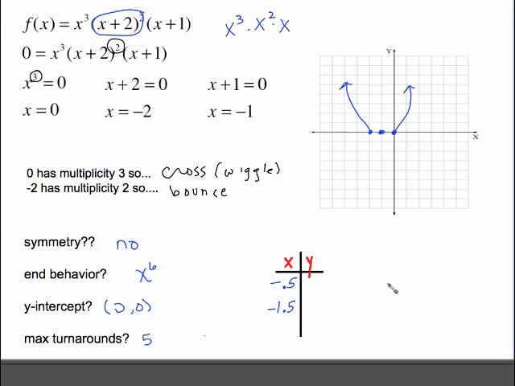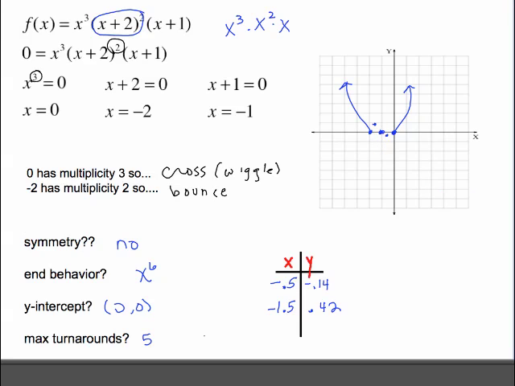Plugging it into the calculator, I'm going to get a rounded decimal of -0.14 for this one, and 0.42 for the -1.5. So this is not going to come out nice and neat, but we'll do the best that we can. At -0.5, it's just down a teeny bit. And at -1.5, it's up almost halfway.